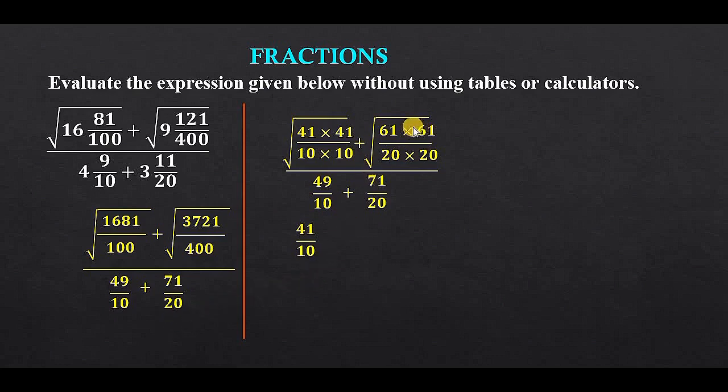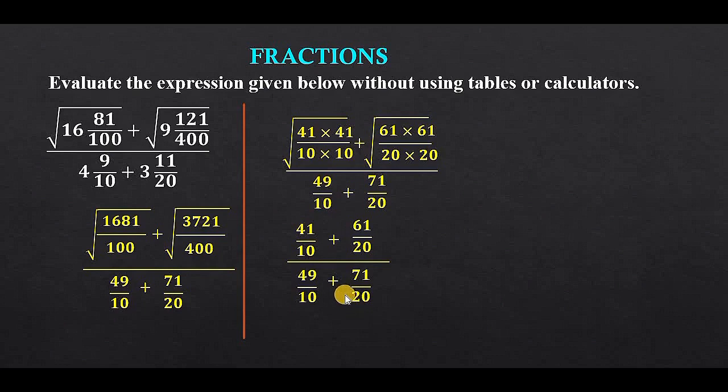And then for this part too, we also have 61 by 61, that is 61 squared. 20 by 20, we'll also have 20 squared, and therefore 61 squared over 20 squared. Finding the square root, that should give us 61 over 20, and therefore we add 61 over 20. On the denominator, we still have 49 over 10 plus 71 over 20.